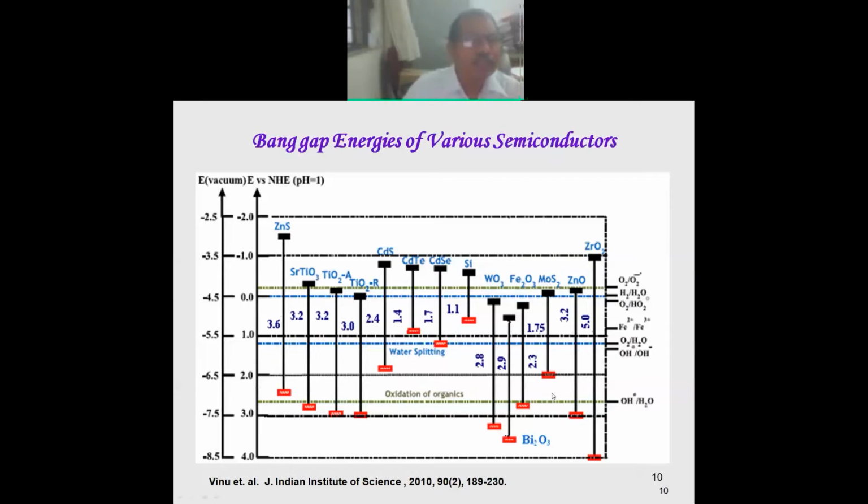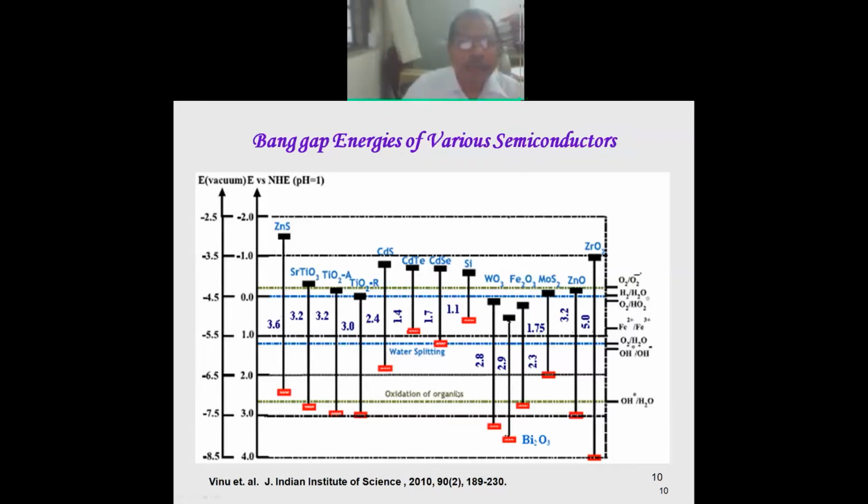Now this is basically the band gap and the band edge potential of the different semiconductors. If you take an example of TiO2, it is anatase TiO2. This is the valence band position. This is the conduction band position, and this is the scale.